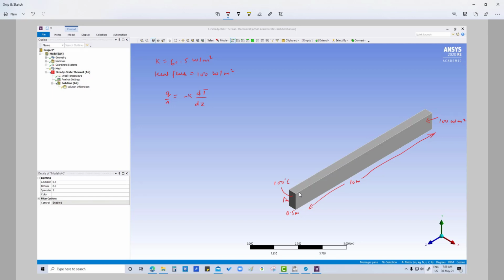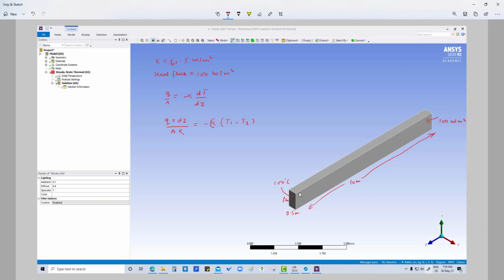And from here what we are going to do, q multiply by dz upon A k equals to minus K here, T1 minus T2.